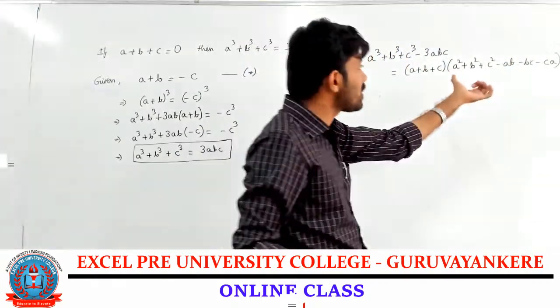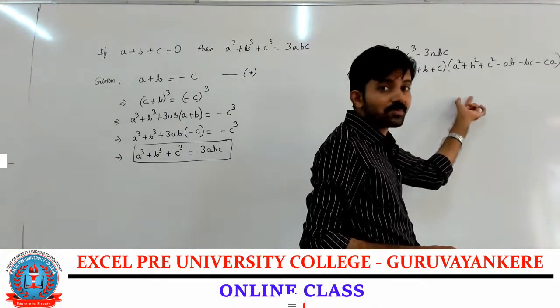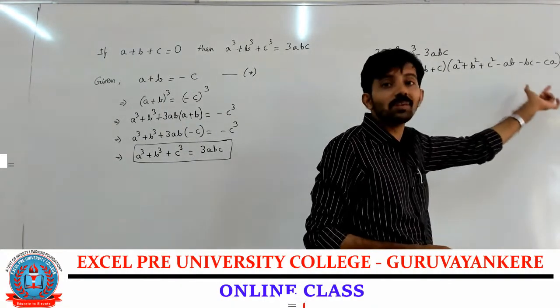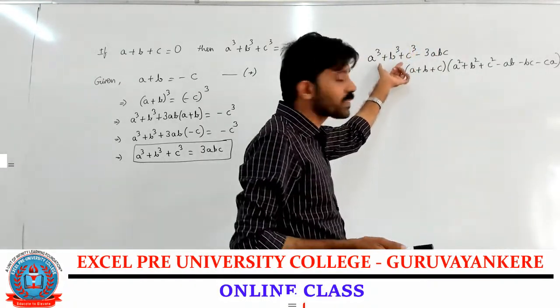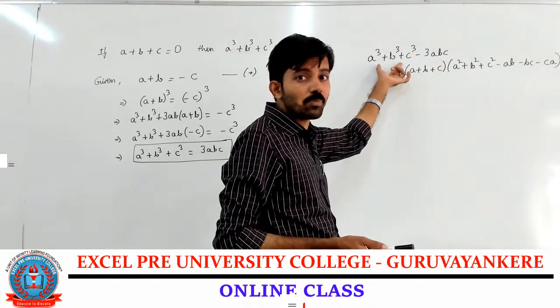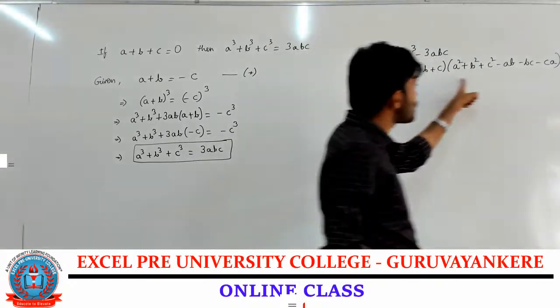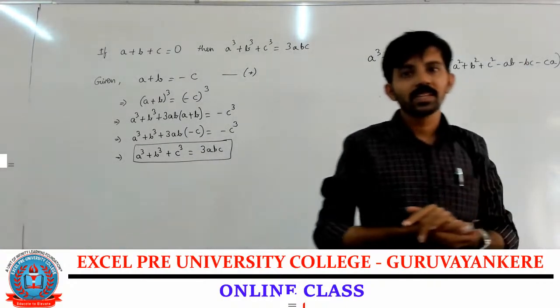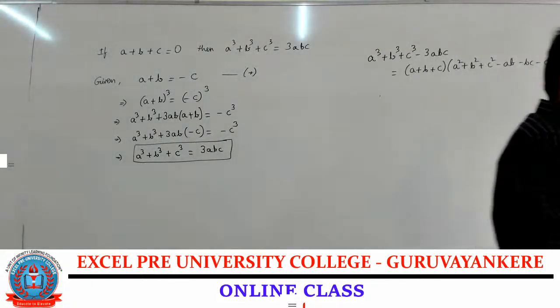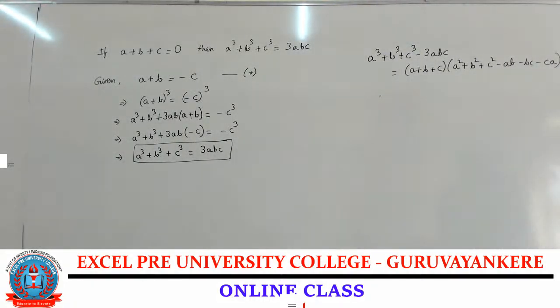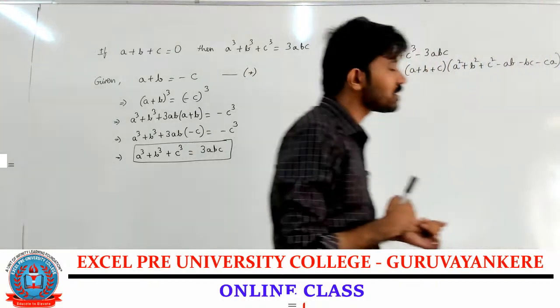We could write that as a minus b the whole square plus b minus c the whole square plus c minus a the whole square. Correct? Important simplification of a cube plus b cube plus c cube minus 3abc as this. Okay? Learn this, very important. Factorization of a cube plus b cube plus c cube minus 3abc is equal to so much.